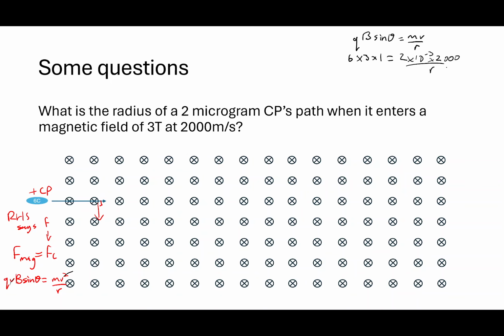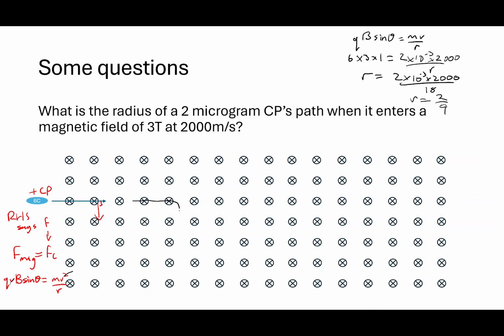And we are trying to find the radius. So we just rearrange, and R equals 2 over 9. So it's 2 over 9 meters.